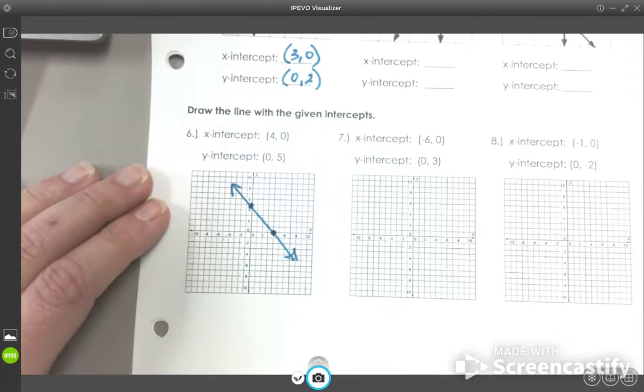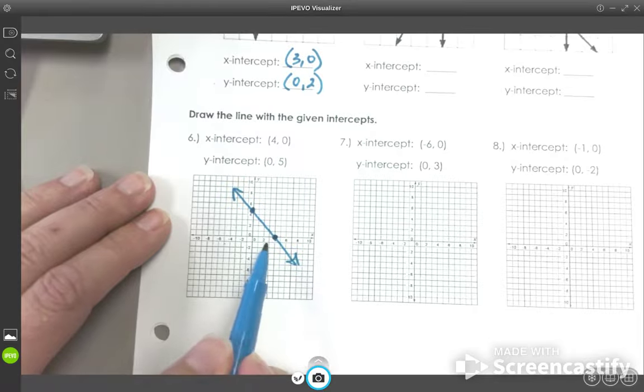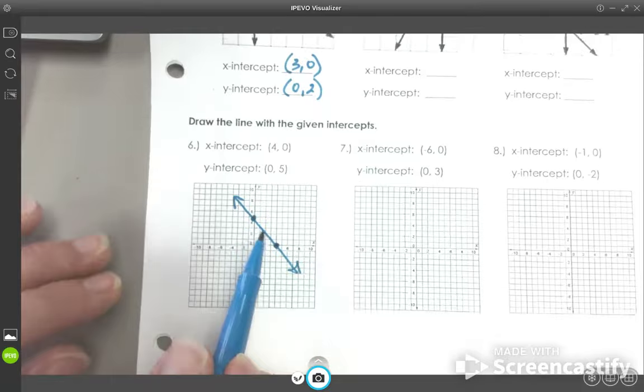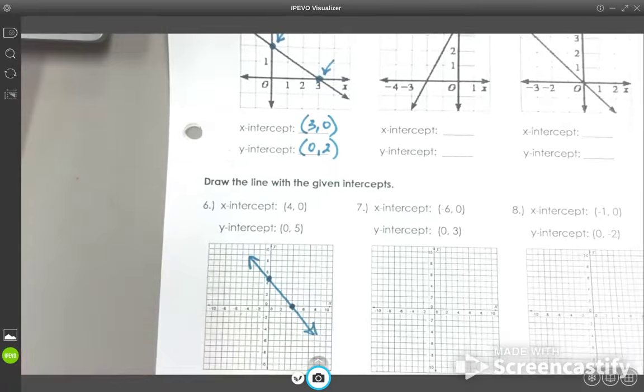I'm just kind of sketching them. So standard form, when we turn the page and start getting to the equation, is not using the slope. Standard form is not finding the y-intercept only. Standard form gives you the x-intercept and the y-intercept, and then you just have a quick graph through those points.